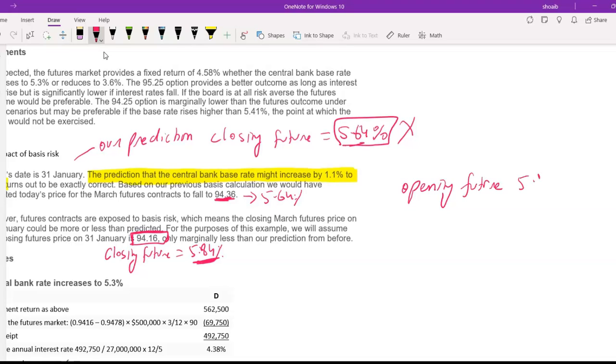Opening future 5.22. Closing future, previously we had written 5.64 and calculated loss of 0.42. But now examiner has given us this value, 5.84. So our loss has increased. So what is the loss?